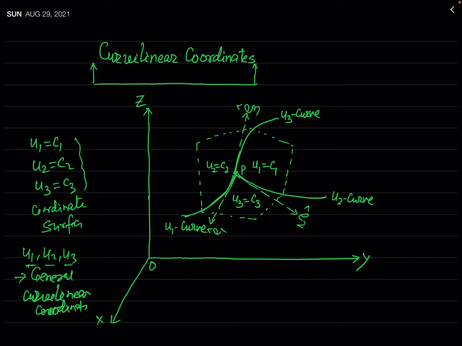Here the point P is where the three coordinate surfaces intersect one another. If you consider that in Cartesian coordinates the position vector of this point P is r, it means when you join the origin of the Cartesian coordinate system to this point, the position vector is r.